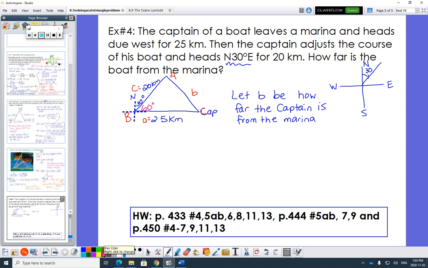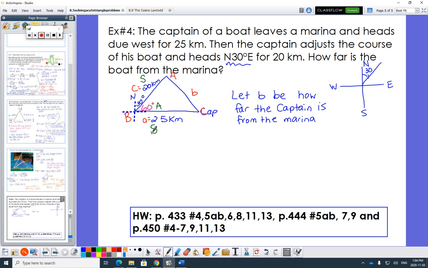Okay, and we have side, angle, side. So what am I going to use? Yes, cosine law, good.